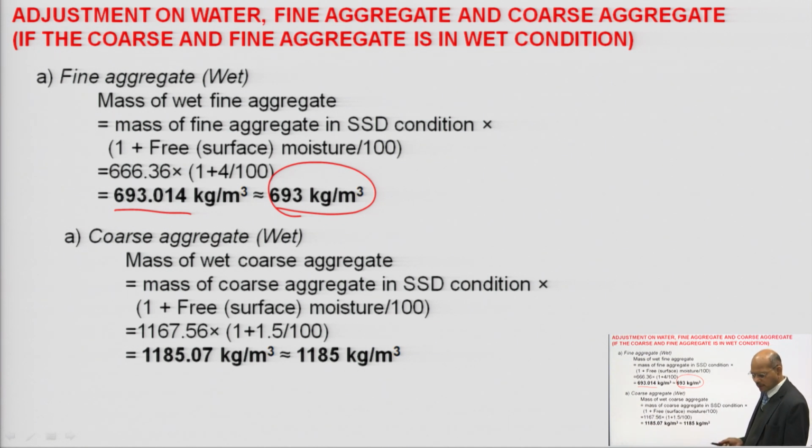Similarly, for coarse aggregate, mass of wet coarse aggregate, we have to increase by 1.5%. That we have calculated earlier. 1.5% is the excess water. So, what should be the weight? Increase this 1167 by 1.5%, so this will become 1185 kg. Okay.